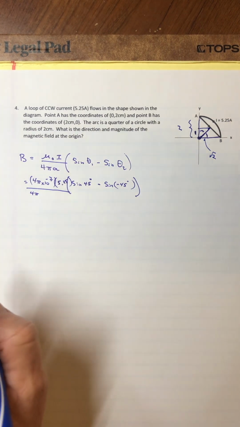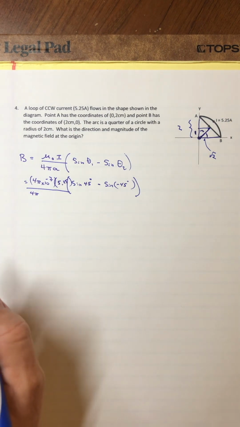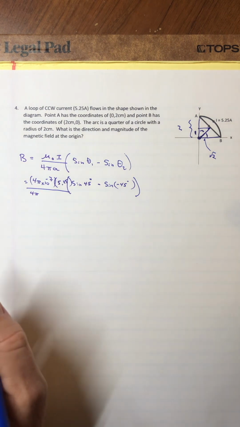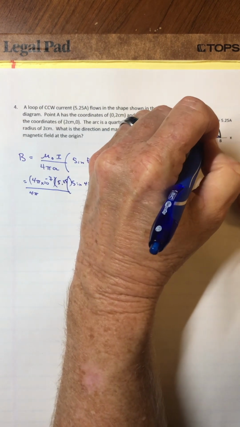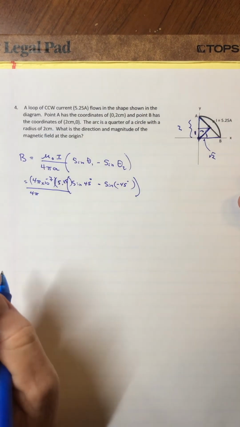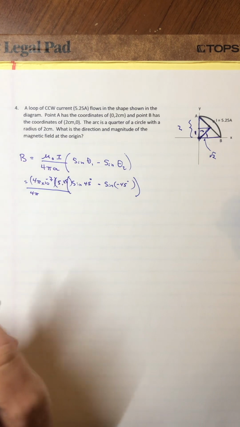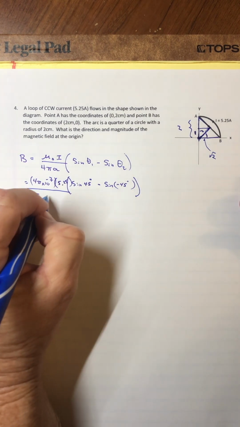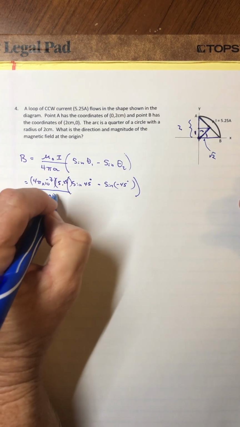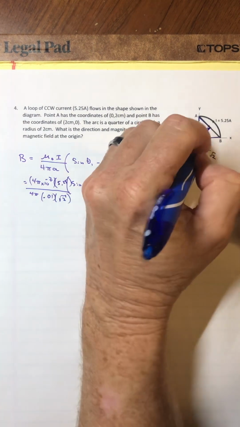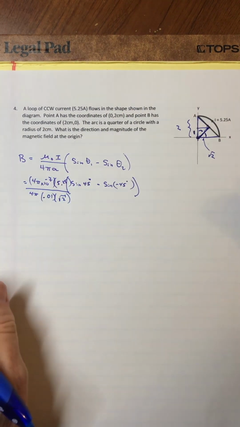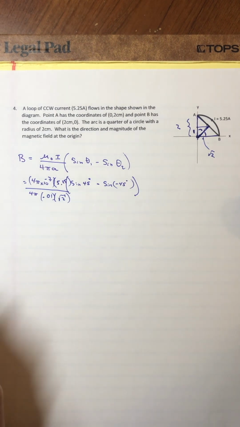Or you could say 1 centimeter divided by cosine of 45, which I guess there's a lot of ways we could do this. But I'll just take it then as 1 centimeter times the square root of 2 for the perpendicular distance away.